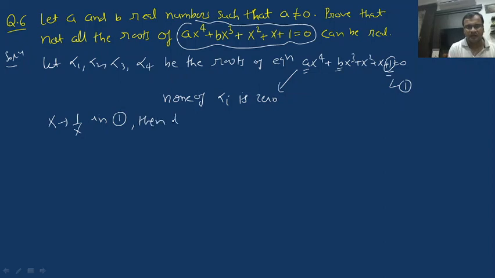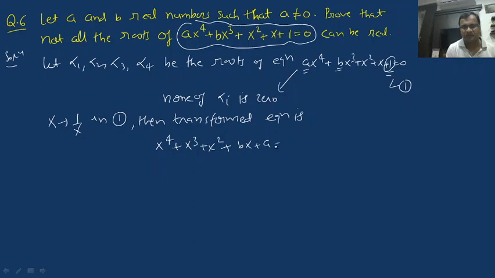Then the transformed equation is x to the power 4 plus x cube plus x square plus bx plus a.